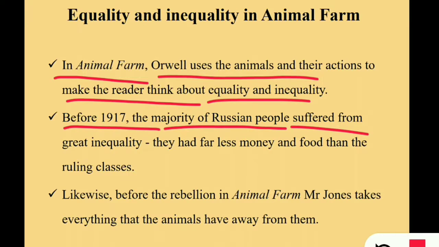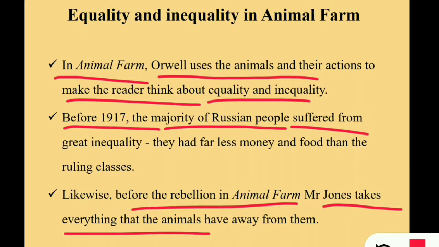Likewise, before the rebellion in Animal Farm, Mr. Jones takes everything that the animals have away from them. So here we get to see that inequality prevails and nobody does anything in order to eradicate this inequality.